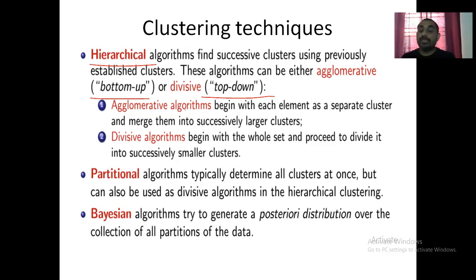Here are two approaches through which we can divide clustering. One is agglomerative, that is called the bottom up approach, and the other is the divisive clustering algorithm, that is the top down approach.